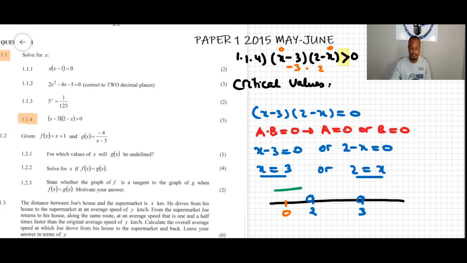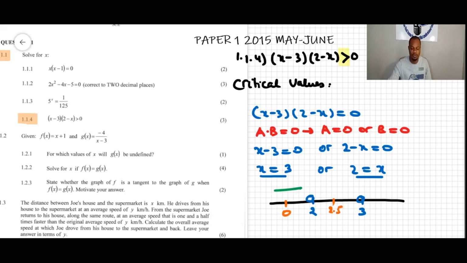Now I'll move on. Let's see, in the interval between 2 and 3, I want to take a number like 2.5.